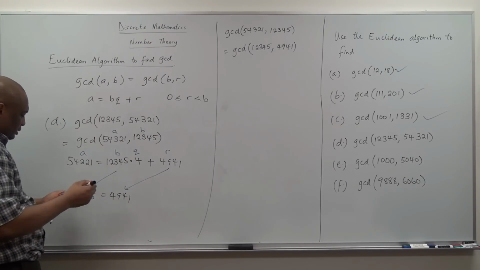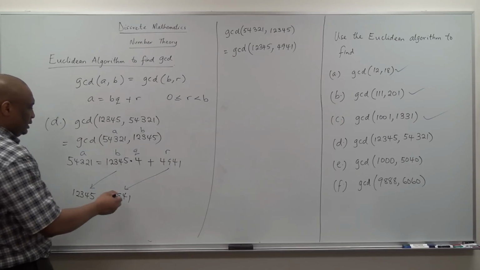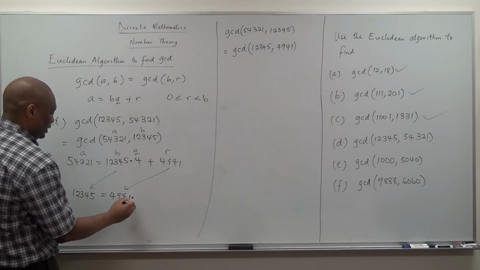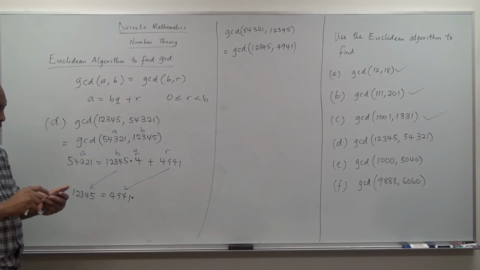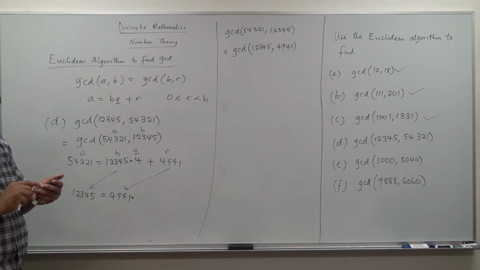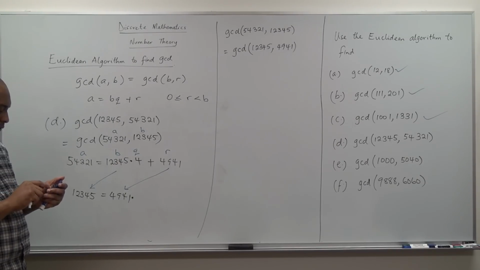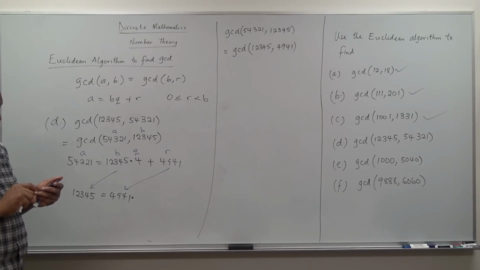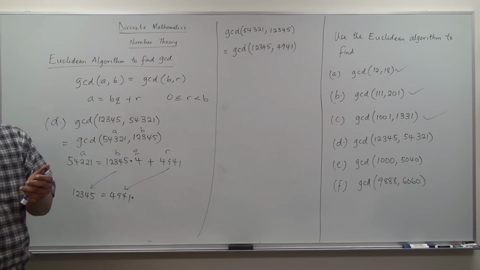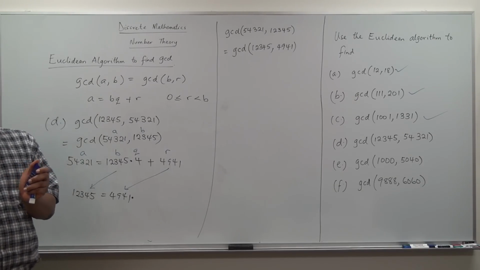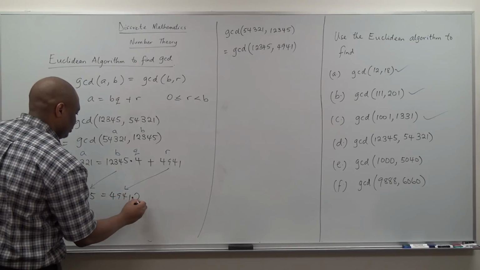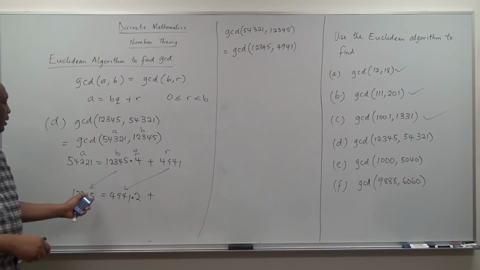Okay, so let's finish this. Let's find the quotient. You divide 12345 by 4941. It gives you 2.498 something. Get the integer value, 2. So times 2, then plus.